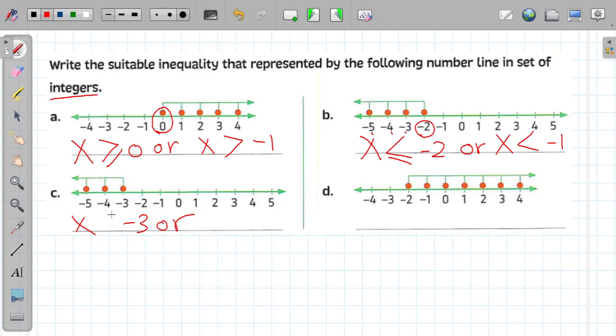So I will say the inequality says x less than or equal, because I'm starting with -3 and after that I am decreasing. So -3 is with us in the solutions of the inequality. So I can say x is less than or equal negative 3.